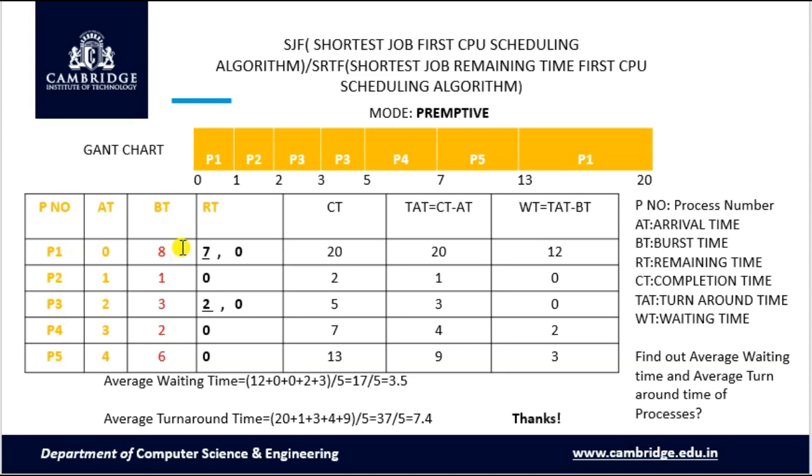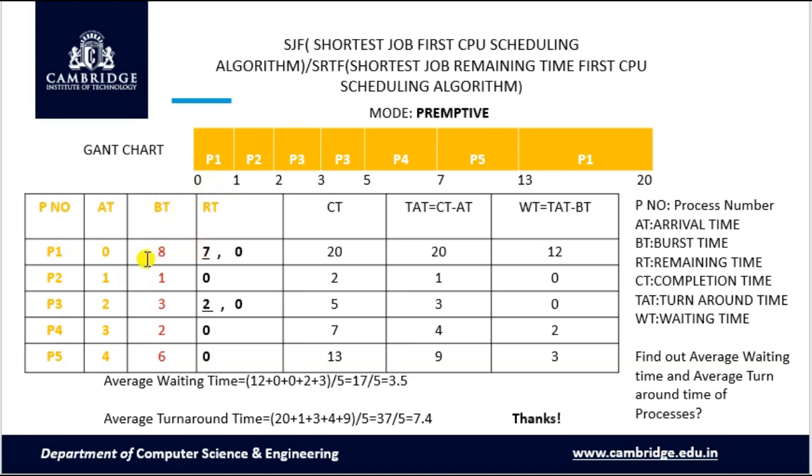P1 is scheduled for only 1 second, because the arrival time of the P2 process is 1 second. P1 is only partially executed and still has to cover 7 more seconds.